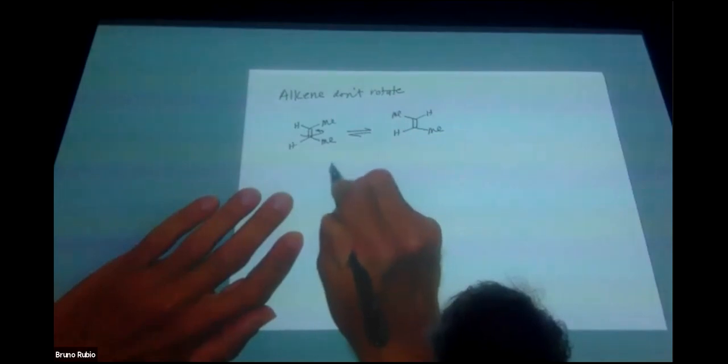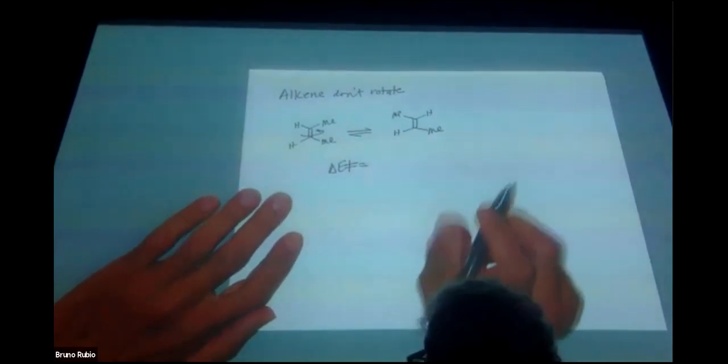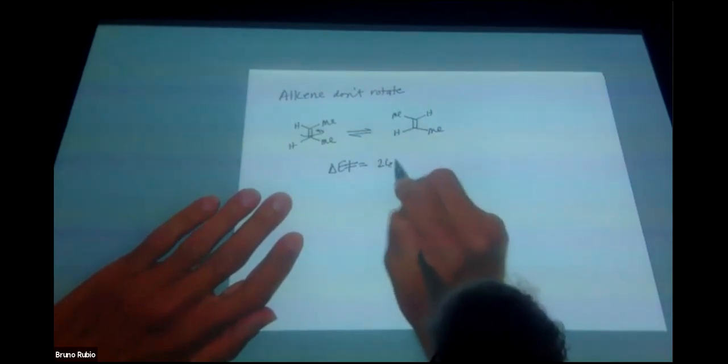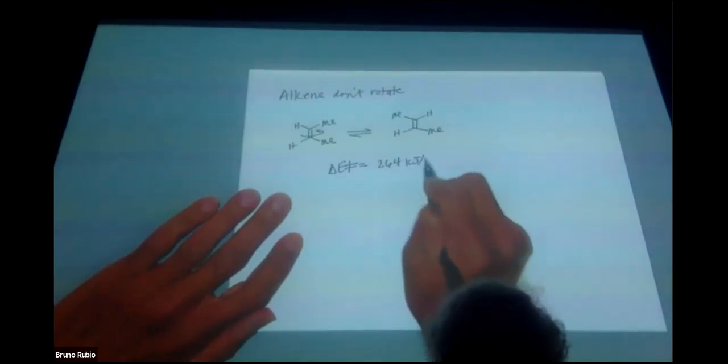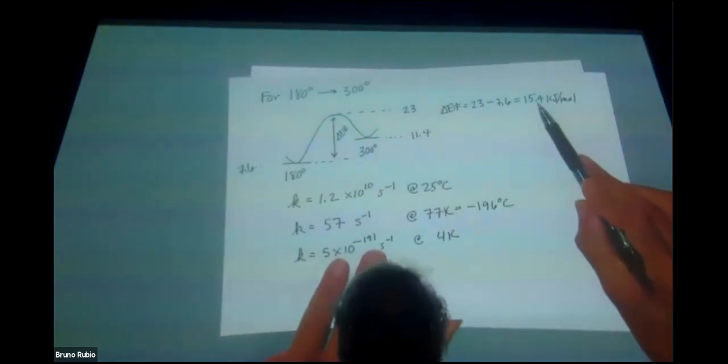Well, the activation barrier for this process, the delta E double dagger, is 264 kilojoules per mole. What was the activation barrier for the single bond? Oh, an order of magnitude less, right?